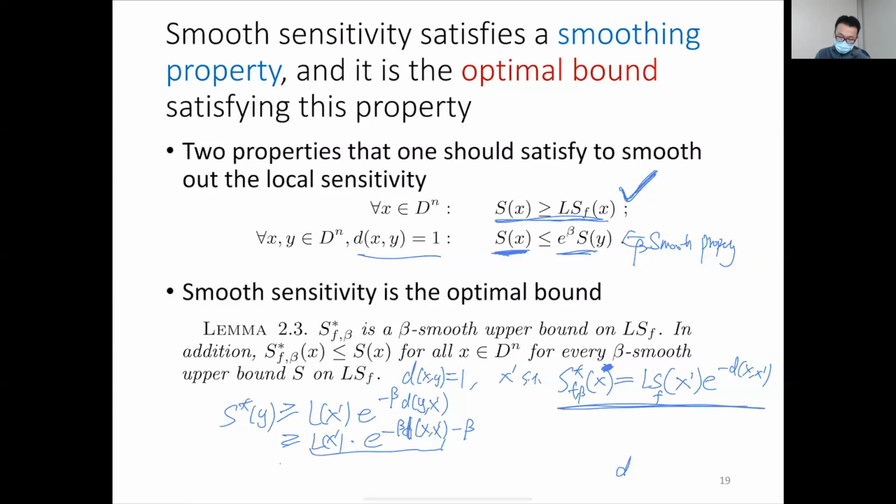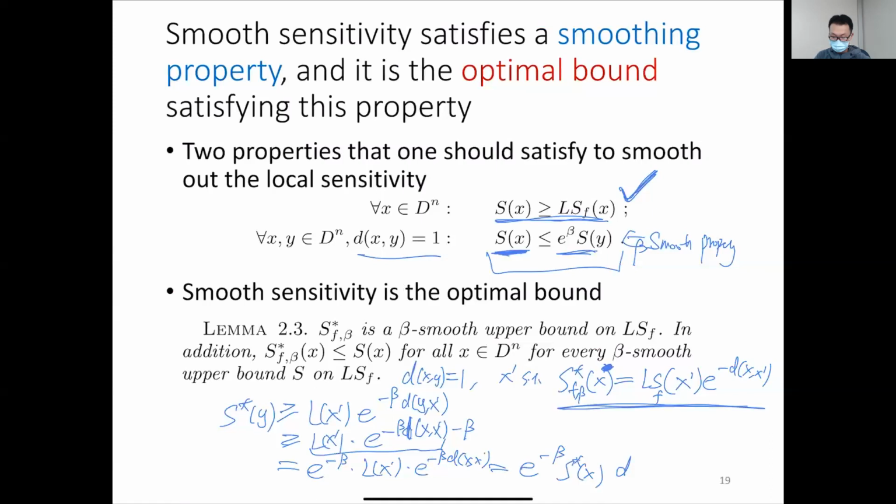These two together, if we take e to the power of minus beta out, what remains is the local sensitivity L of x prime multiplied by e to the power of minus beta d(x, x prime). And this is equal to e to the power of minus beta times the smooth sensitivity of x by definition. Then if we move this beta to the other side, it recovers this property.